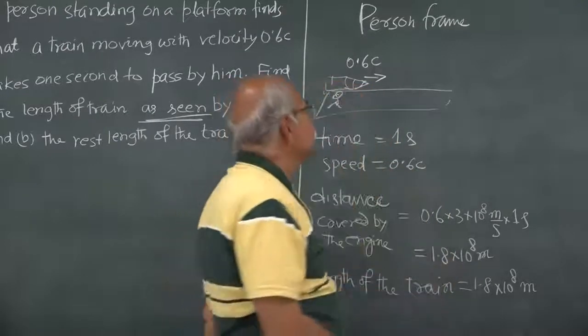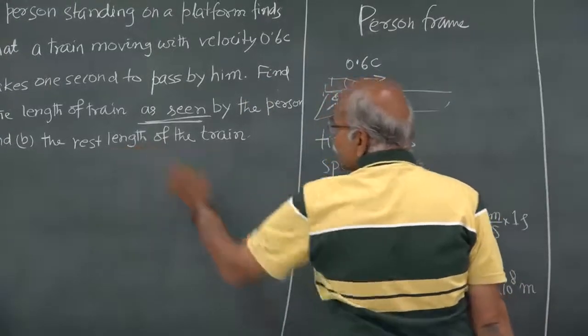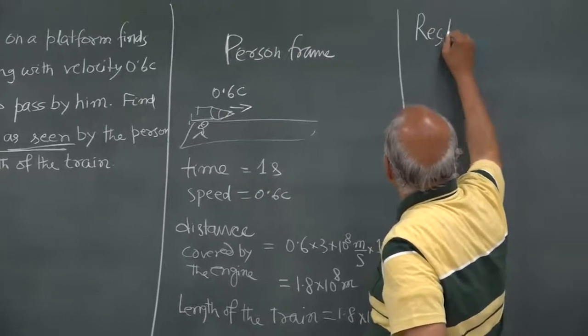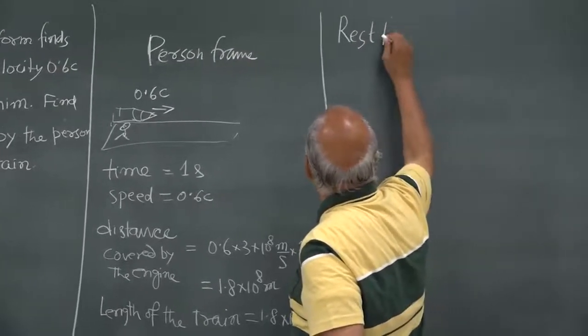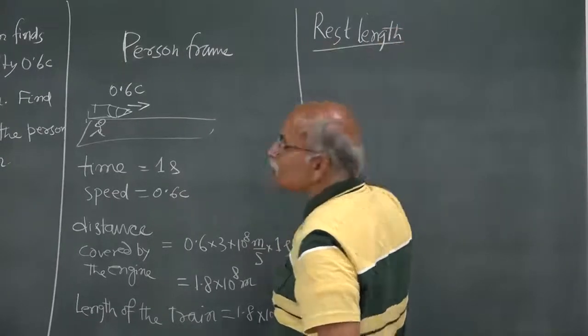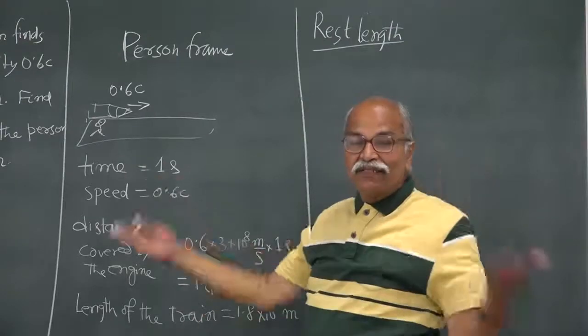So, this is the person's frame, and then we need rest length. What is rest length? Rest length is the length in the train's frame itself. Rest length of a train means from the train frame you measure the length of the train.